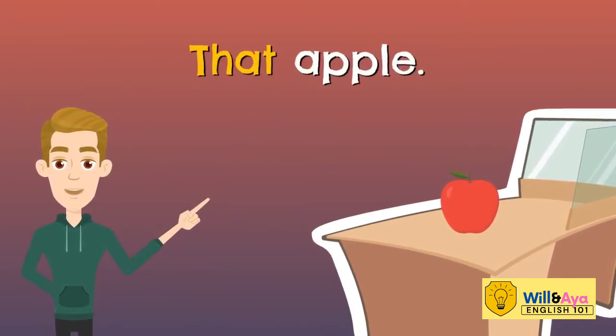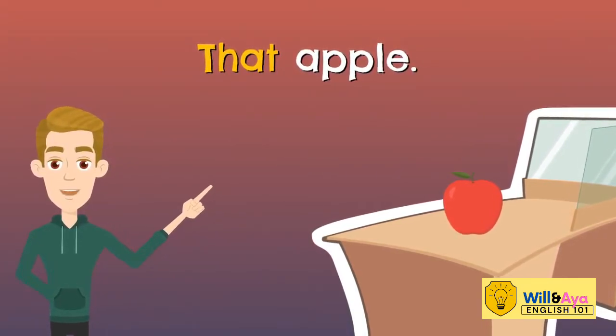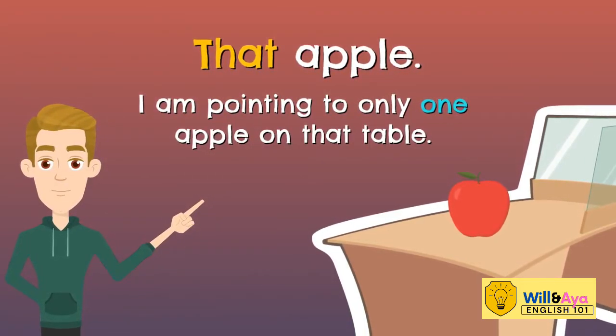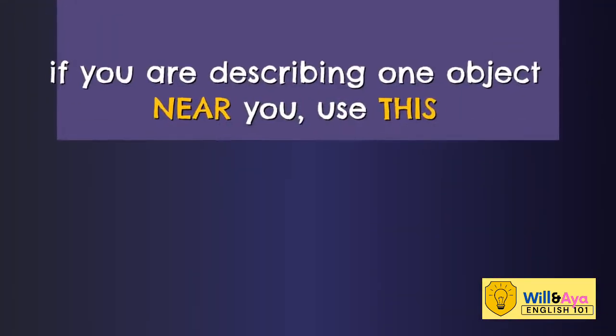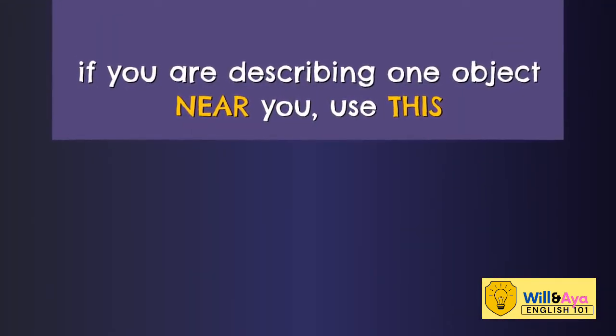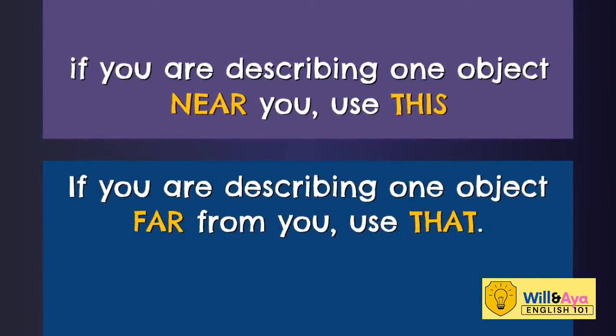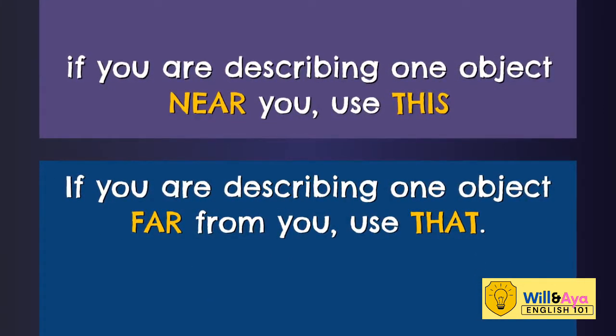And that apple. I am pointing to only one apple on the table. In short, if you are describing one object near you, use this. If you are describing one object far from you, use that.